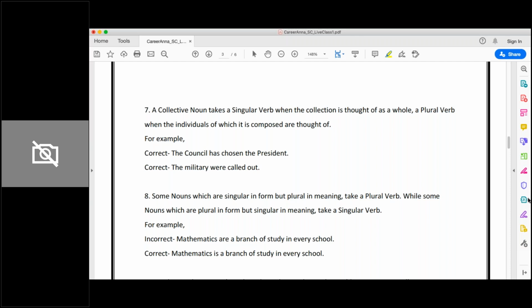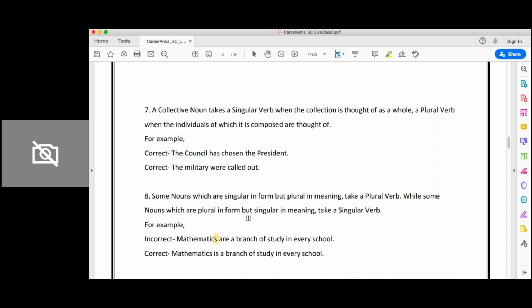Now, there are certain words which are definitely exceptions, which despite having the letter s at the end, are treated as singular. Like if I use the word physics, if I use the word mathematics, despite the fact that these words end with s, I will treat them as singular. I will treat them as singular and they will always have a singular verb after them.